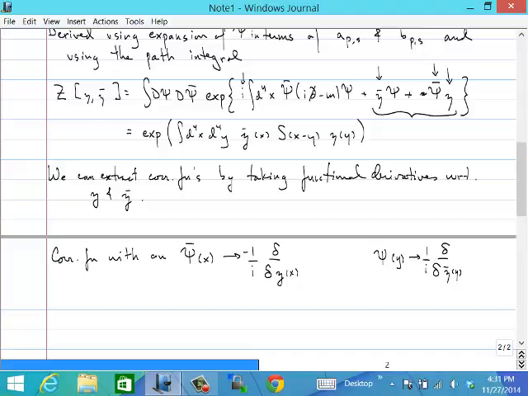Then I'll use a solid dot to denote a source, a solid line to denote a spinor, and a dotted line to denote a scalar. So this will be the scalar propagator, and this would be a spinor propagator.